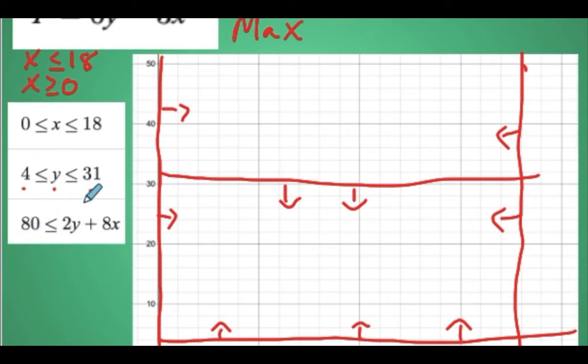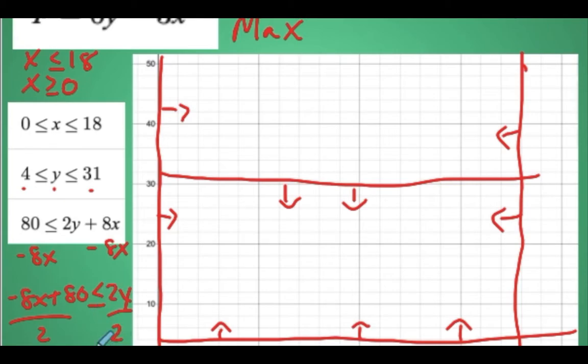Now, we generally want to have these equations set up in a slope-intercept format. So I would want to solve this equation for y. So I'm going to do that by subtracting the 8x to the other side. So I end up with negative 8x plus 80 is less than or equal to 2y. And then I would divide by 2 to get y by itself. So my function ends up being negative 4x plus 40 is less than or equal to y.